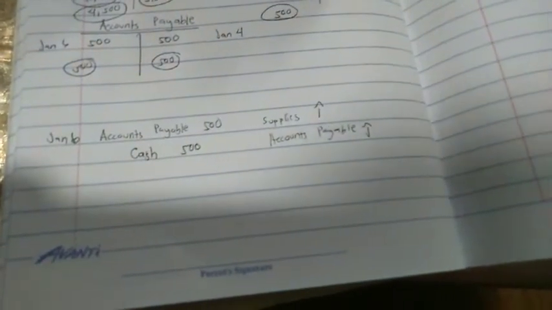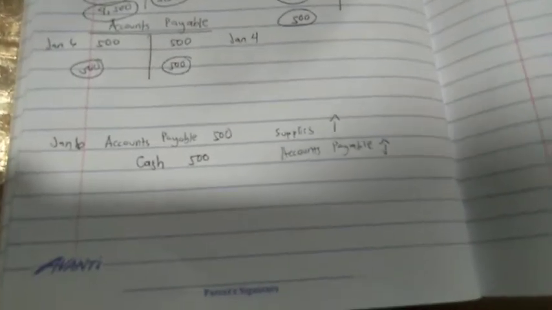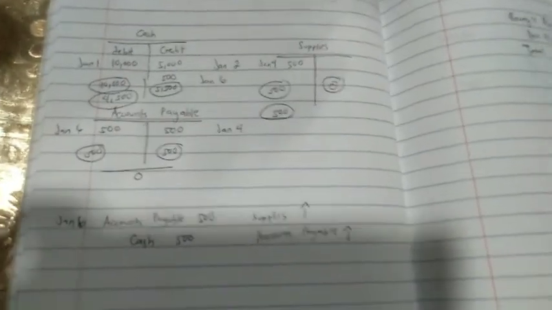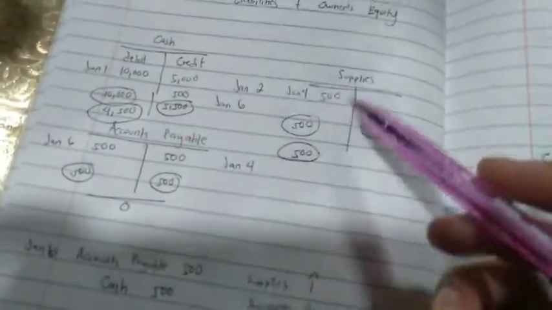So, we're going to find the net or the difference of the debit and credit of accounts payable. So 500 minus 500 is equal to 0. So, what does the T account have to do with the trial balance? So, here. In the trial balance, we will put the cash. I only made 3 accounts here, so there are also 3 here.